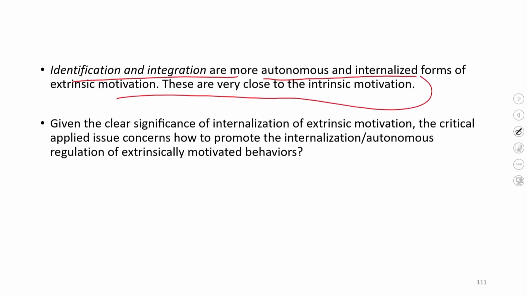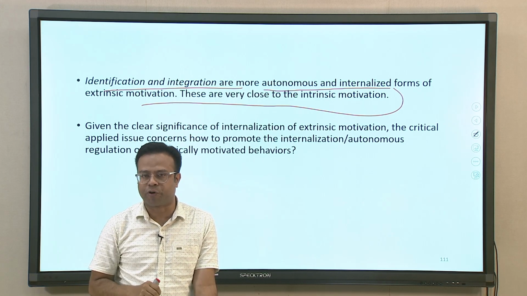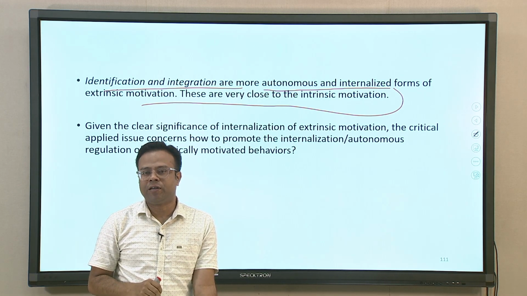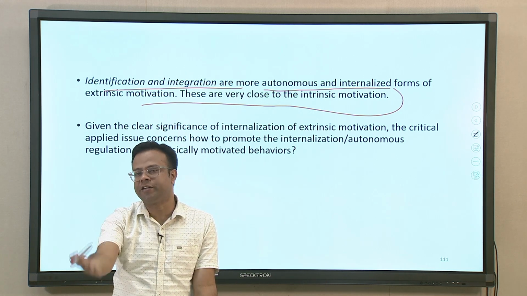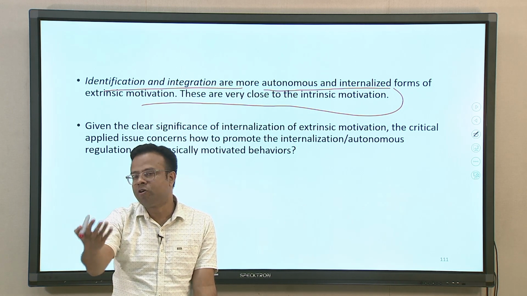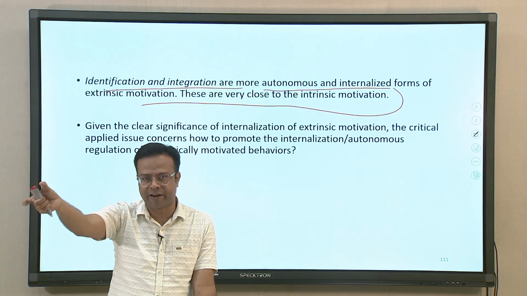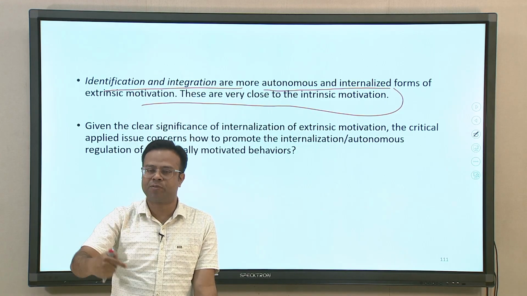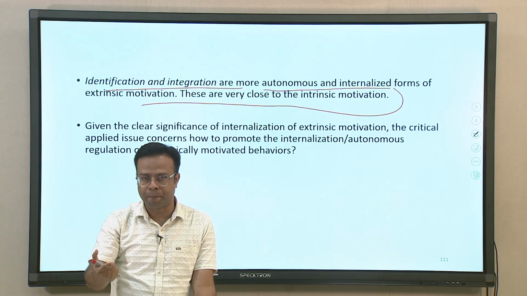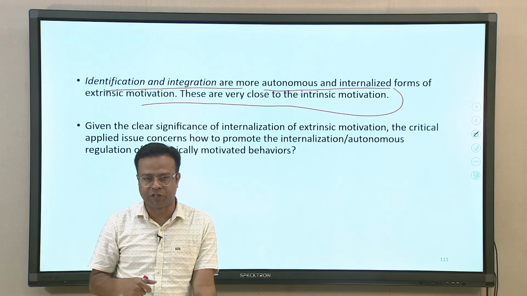Since we do most of our actions under the category of extrinsic motivation, if we can bring our actions into the category of identification and integration, the result will be almost the same as intrinsic motivation. So, there is no harm in doing things under extrinsic motivation, but if you can internalize that extrinsic motivation, then the motivation will be much higher and you may need less external pressure to do it.